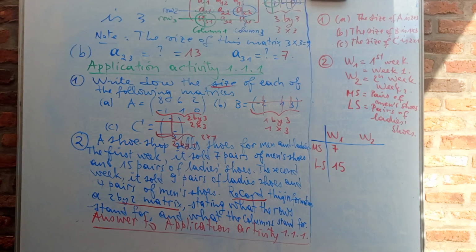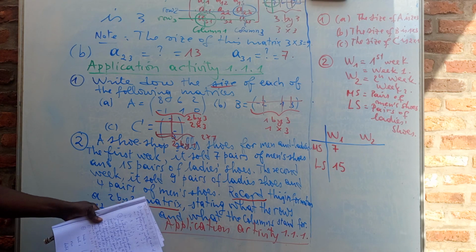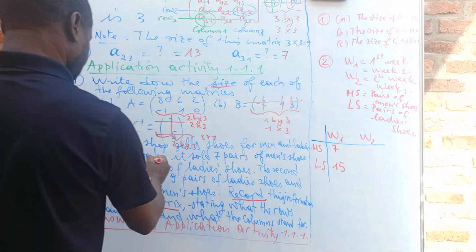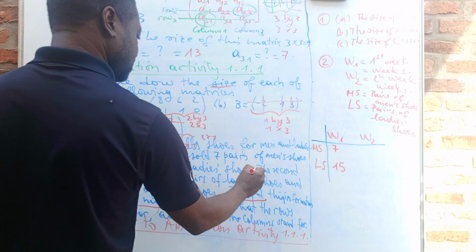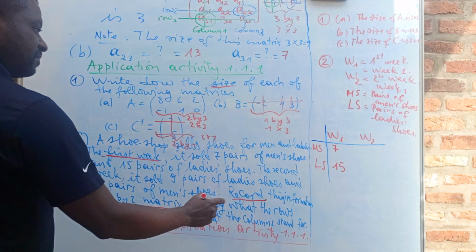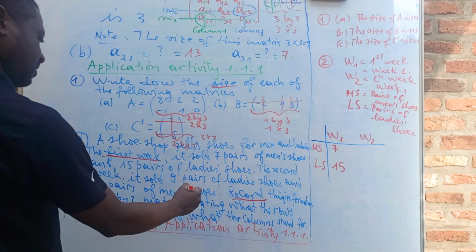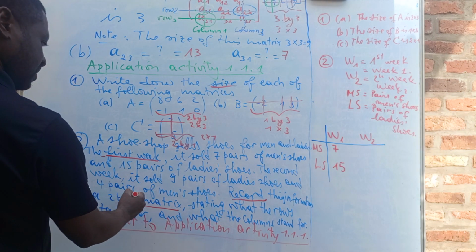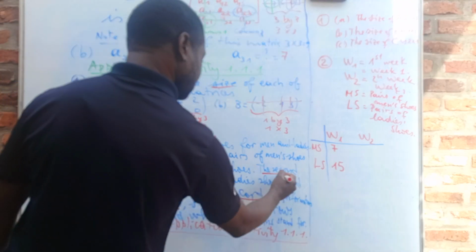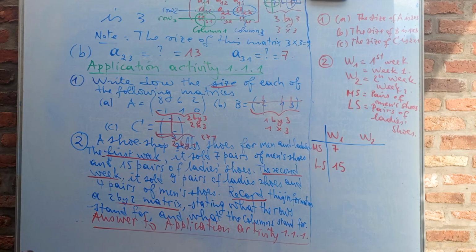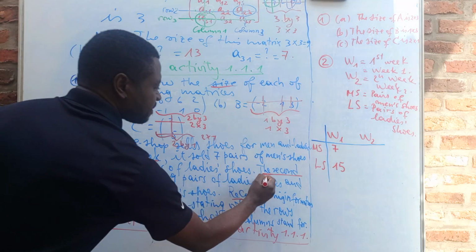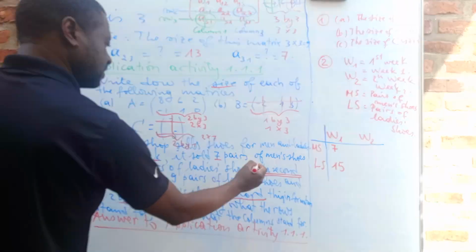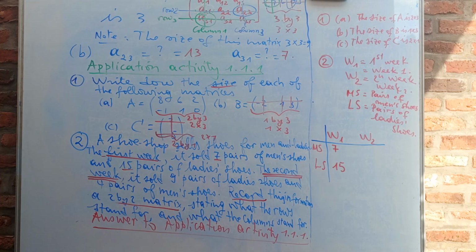Okay. So how about the second week? That was the first week. Week 1 is these results, with just one simple line, 7 and 15.